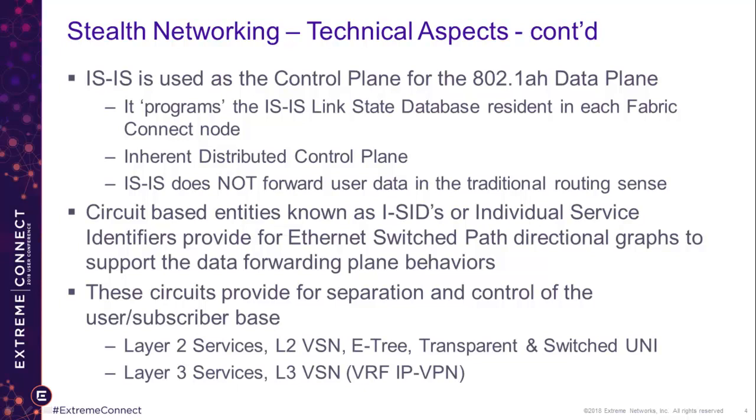All forwarding behaviors happen through circuit-based entities known as individual service identifiers, or I-SIDs, and those actually provide for Ethernet switched path directional graphs to support the data forwarding plane behaviors. And you will be in one of these I-SIDs, and you will be challenged to get out of the I-SID you're in and traverse to other service entities.